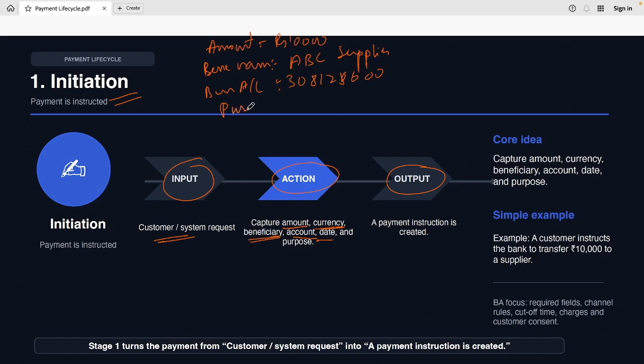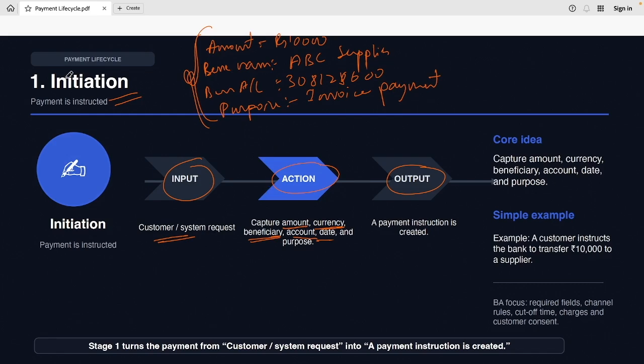Then the payment purpose, invoice payment, and so on. These details are basically filled on the application, on the system, either by the customer himself or herself, or at the branch. After the customer confirms the transaction, the banking system will create a payment instruction.